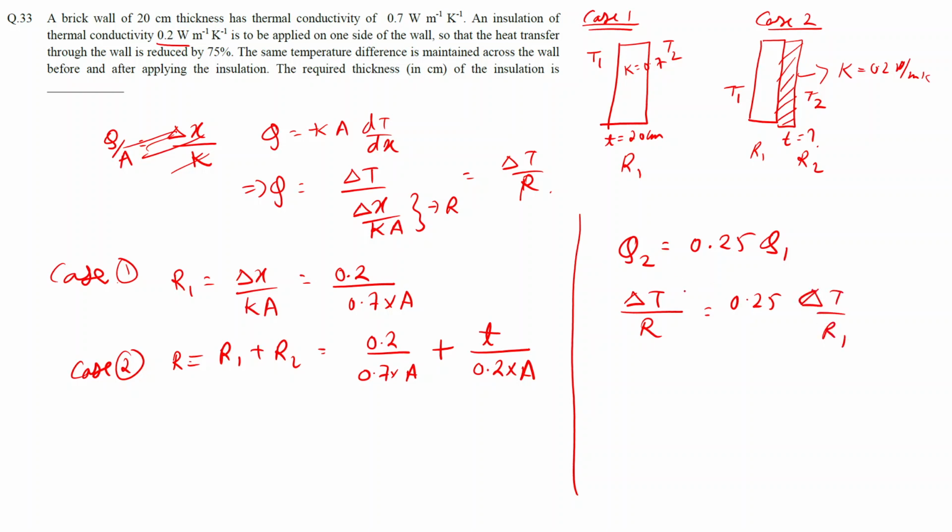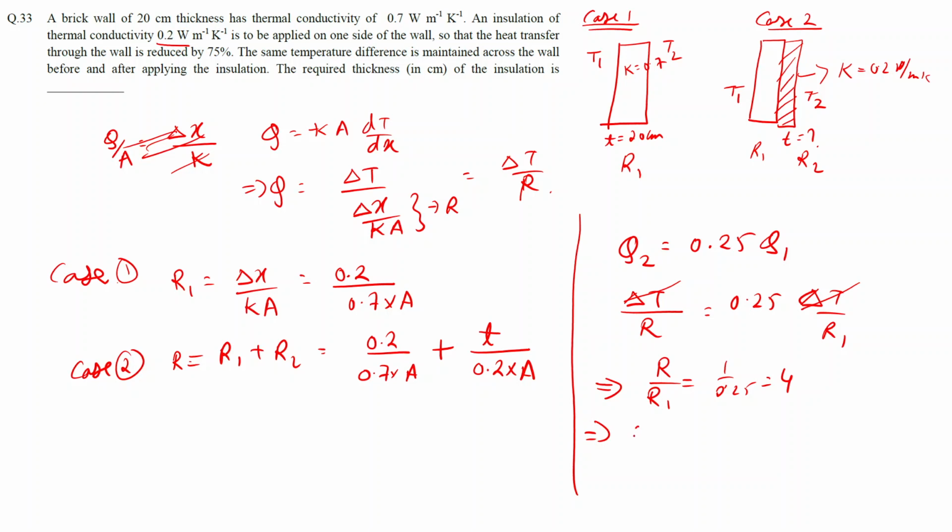This delta T, that is the temperature difference across both the cases, we have been given as the same, so we can cancel that. So we will have R upon R1 is equal to 1 upon 0.25, which is equal to 4.